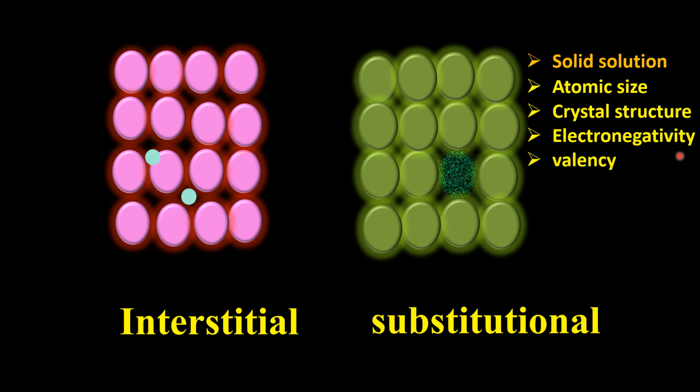And another important factor is the valency. The valence states are very important. It means that a metal will have more of a tendency to dissolve another metal of higher valency than one of lower valency.